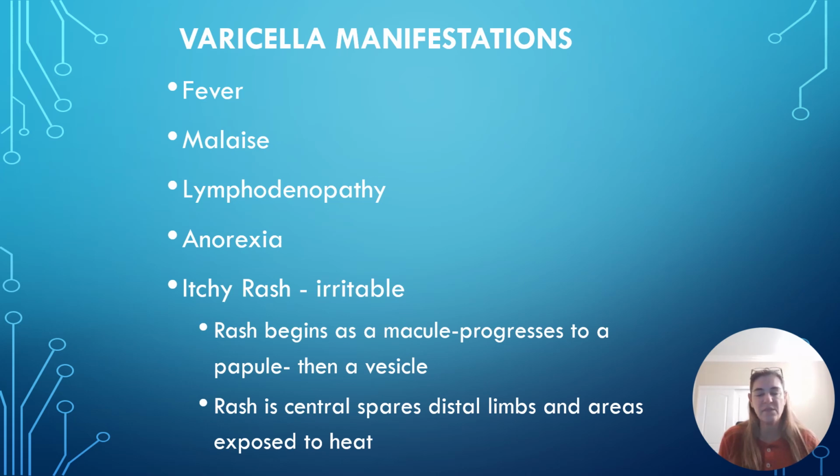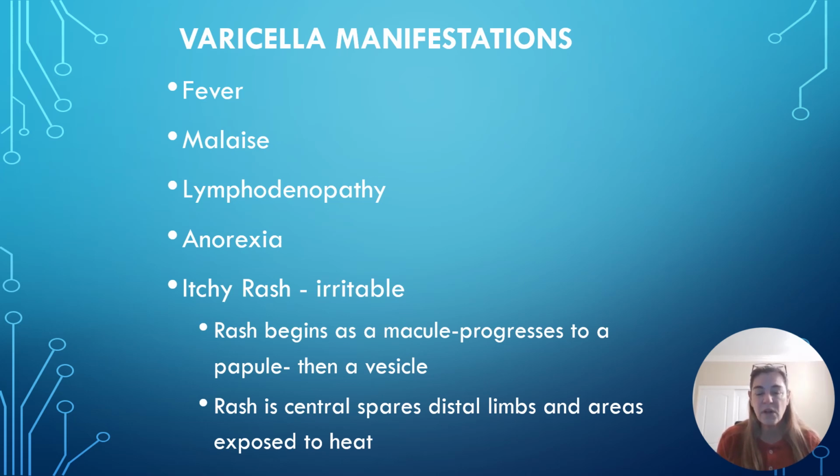The itchy rash makes them very irritable, and they just are uncomfortable. The rash begins as a macule and then progresses to a papule and then a vesicle, and that vesicle erupts. The rash is usually in the central spaces. Distal limbs and areas exposed to heat are spared, so that is mostly in the trunk area.